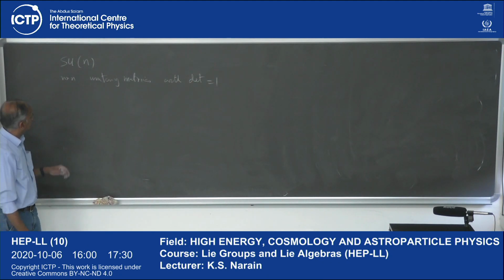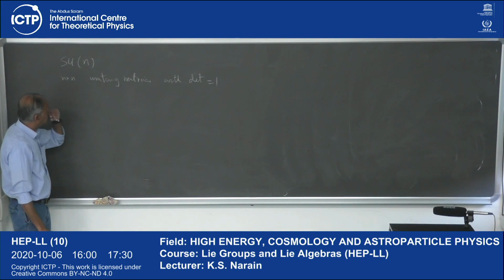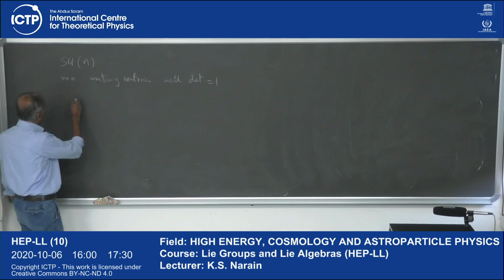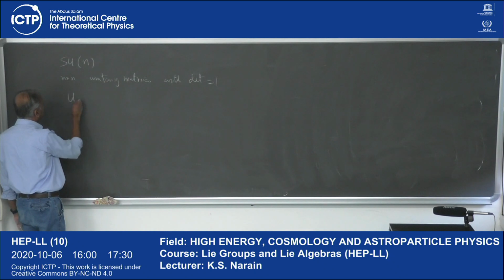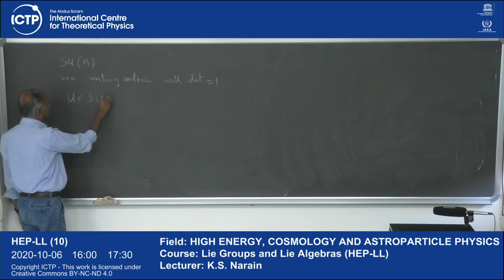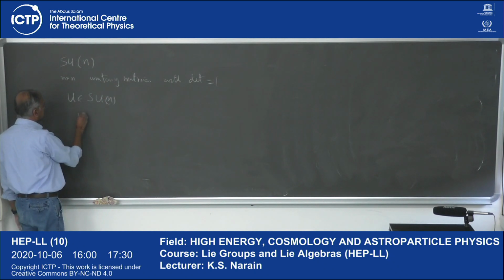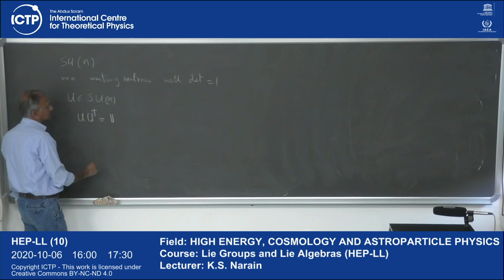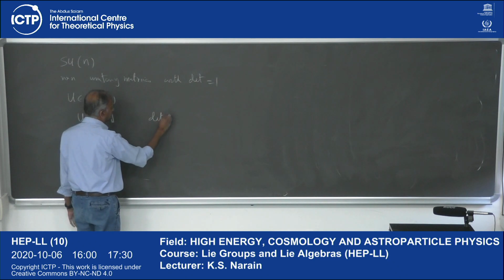That's the definition. Now, what conditions do you have? If U belongs to SU(N), then from these conditions, U dagger U is the identity, and determinant of U is 1.